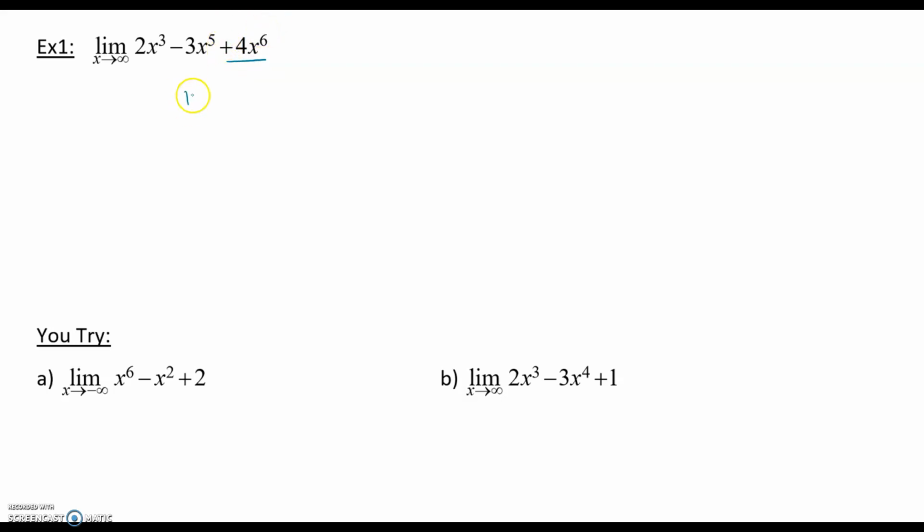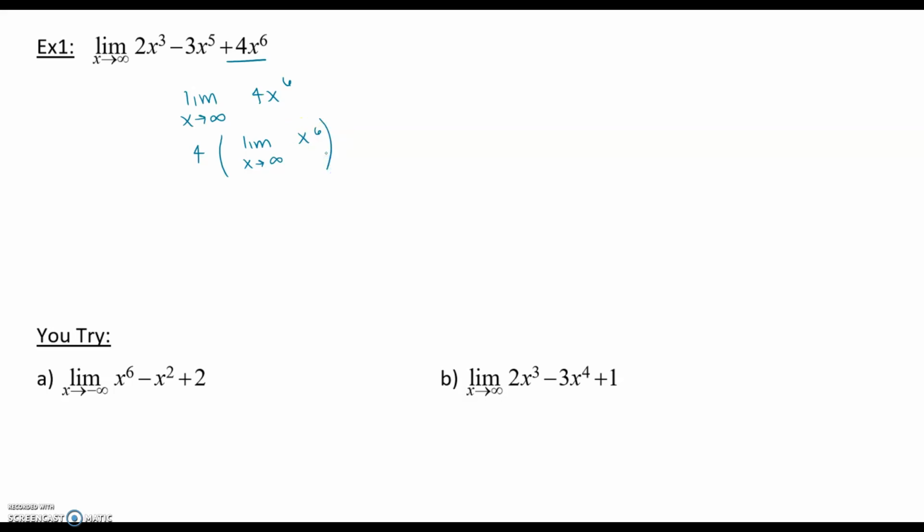So we can just think of it as the limit as x is approaching positive infinity of 4x to the 6th. Now, we can apply our properties. So that's going to be 4 times the limit as x approaches infinity of x to the 6th.